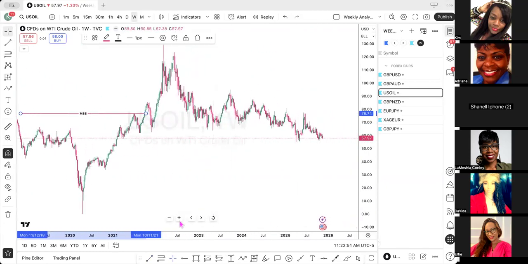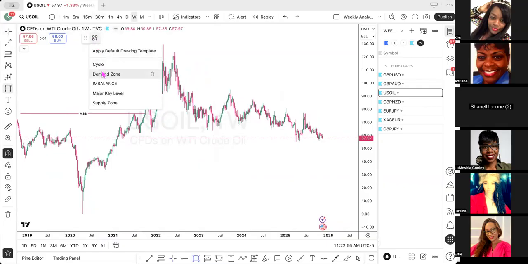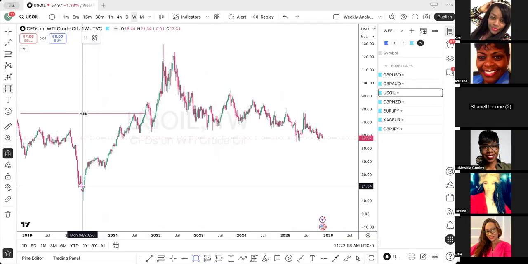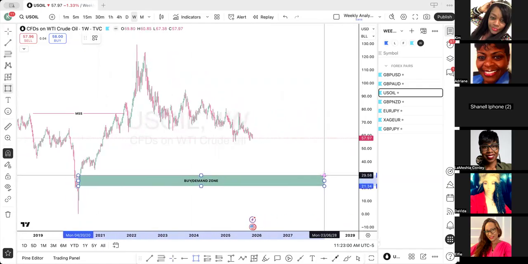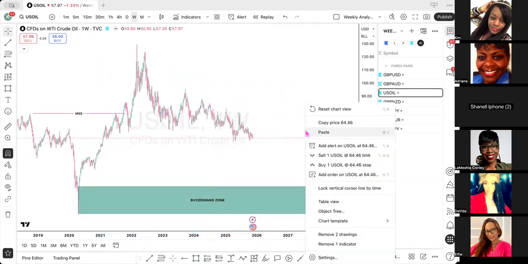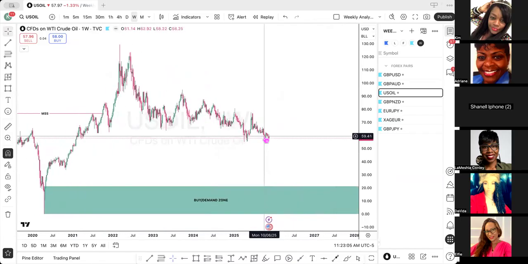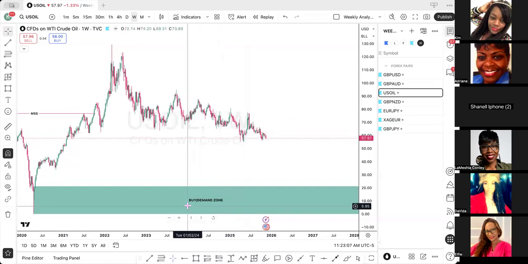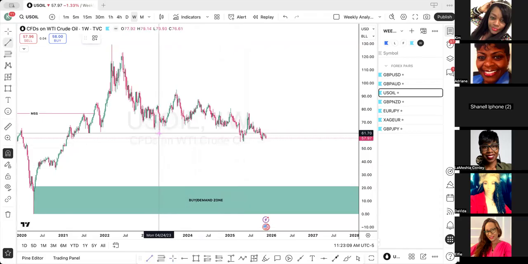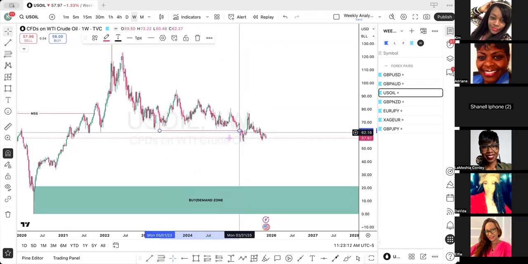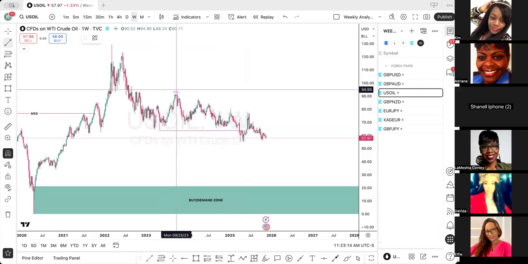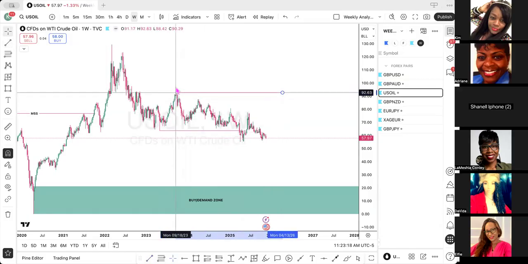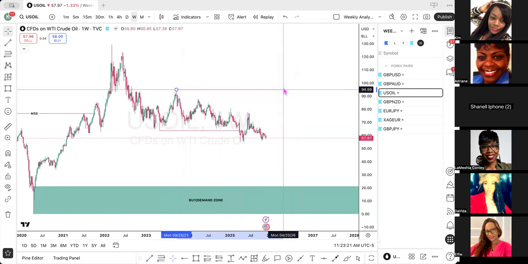Which makes this my demand zone. Okay. So as price is going down, we look at our swing lows. Price broke structure here, which made this my swing high. Okay, and this the swing low.